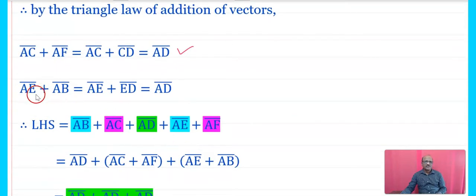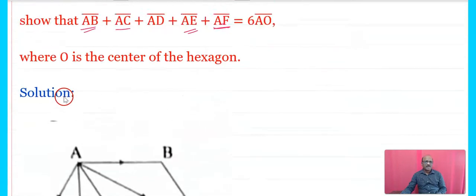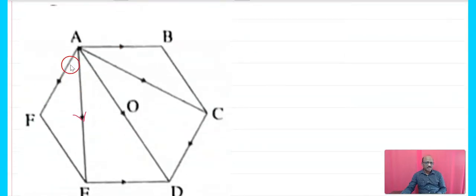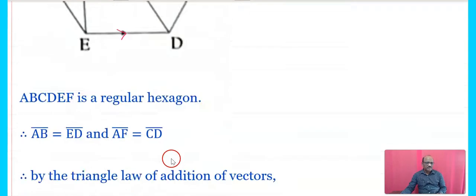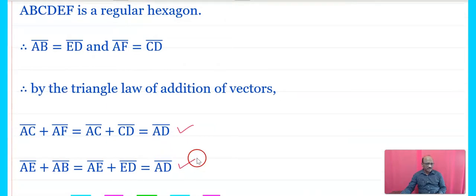I will repeat: AB is nothing but the ED. AE plus ED, both of them are in the downward direction, and their sum is the AD bar. Therefore I am writing here AD bar.